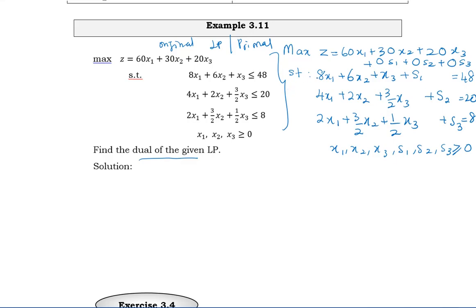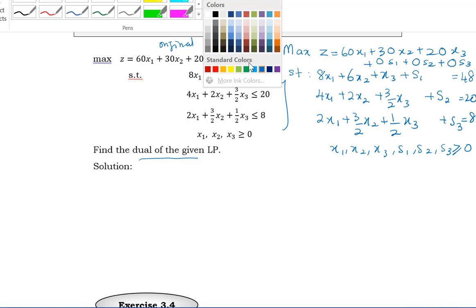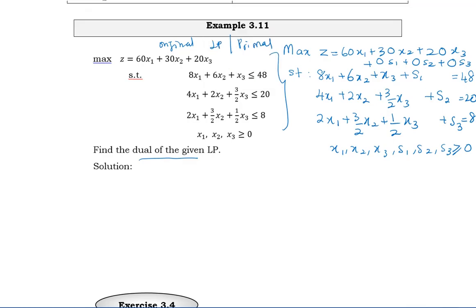So here, let me change the color. For constraint 1, just put y1 for variable 1, y2 for the second variable, and y3 for the third constraint in the dual.